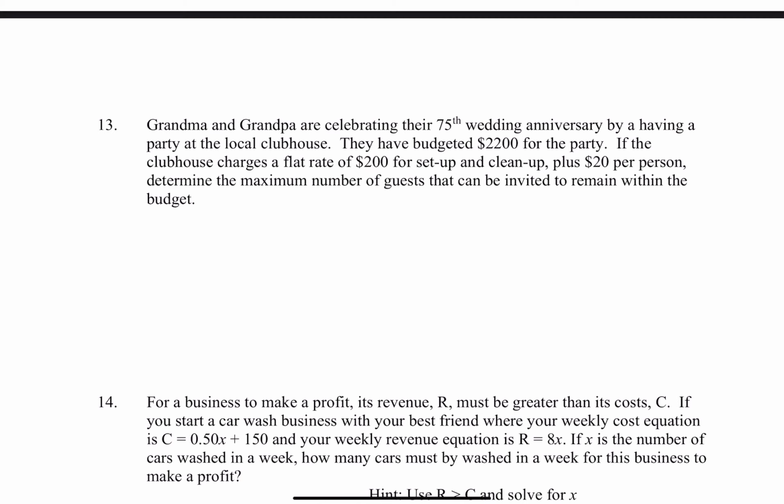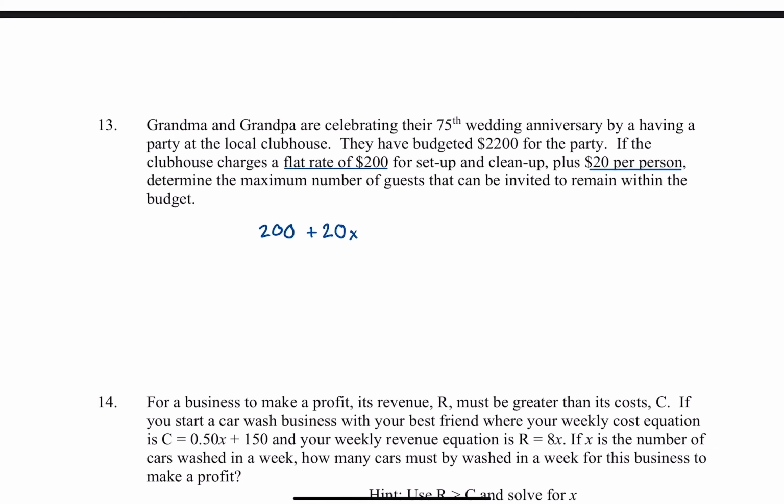So, a couple of things to keep in mind right here is that a flat rate is not going to have a variable next to it. So that's going to just be a flat rate. We're going to need to spend at least $200 just to have the party. And then the per person is going to be some sort of variable. So we'll have 200 plus 20 per person.